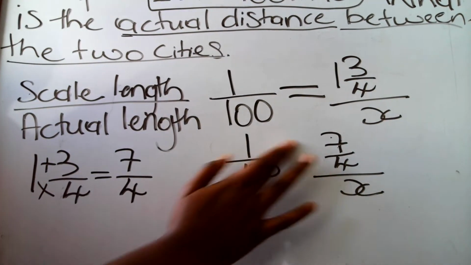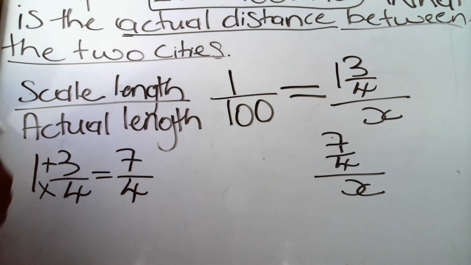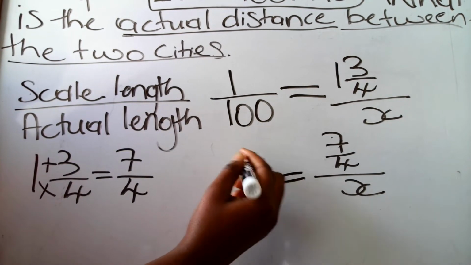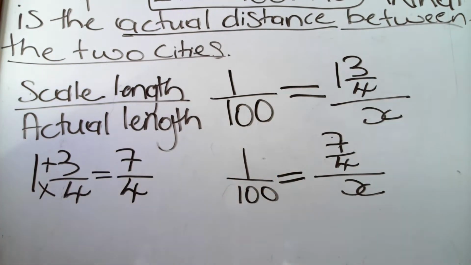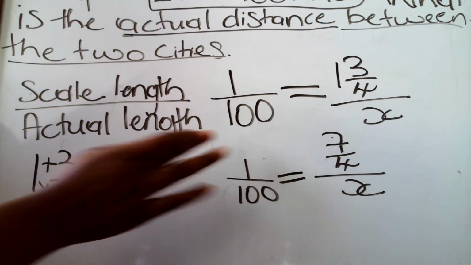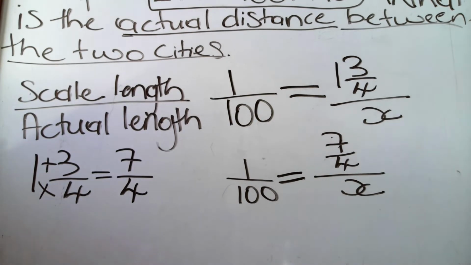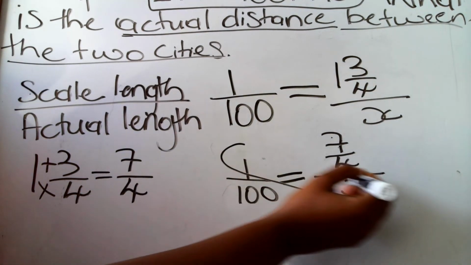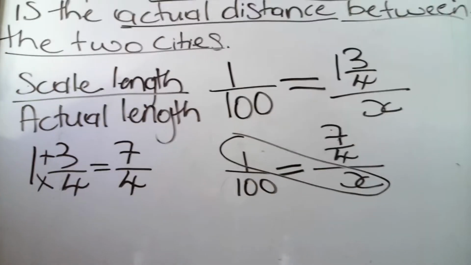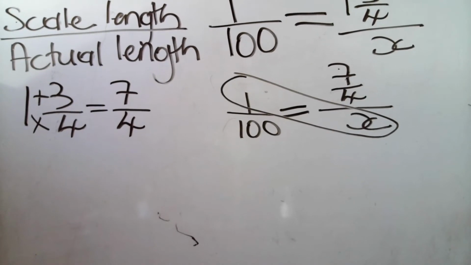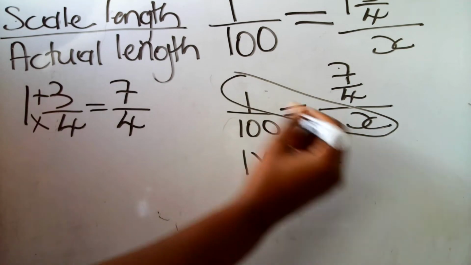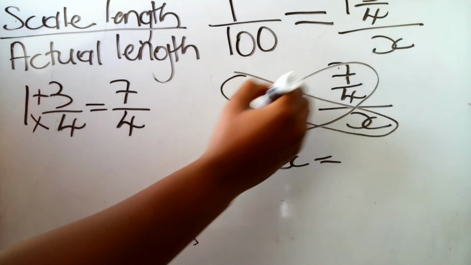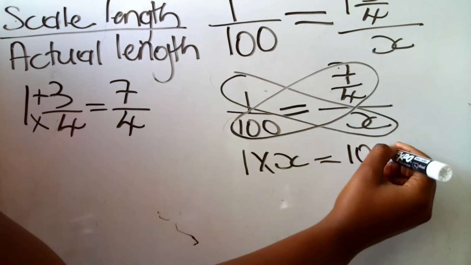Alright? Next step is to cross multiply. 1 times x, and we have 100 multiplied by 7 over 4.